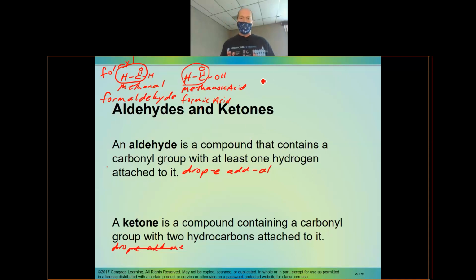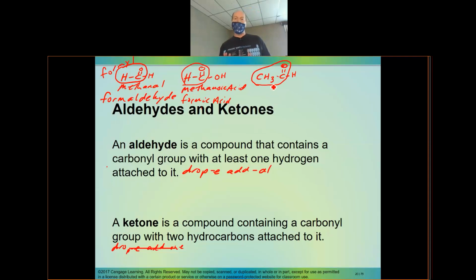The other aldehyde and carboxylic acid that you will need to know is one that you already know, the carboxylic acid. This one has the acetyl group. Now we have a CH3 C double bond O group. This is the acetyl group.